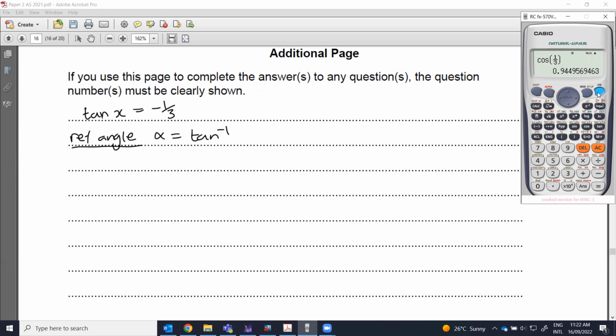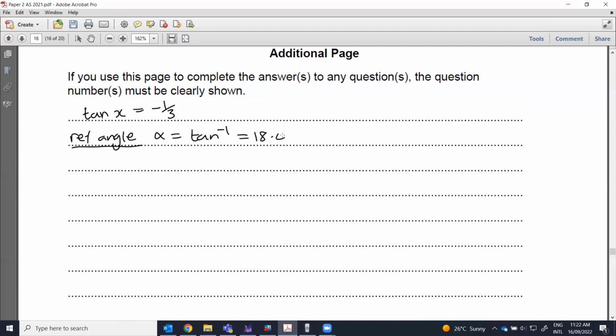Then we say tan inverse of 1 over 3. Notice I am ignoring the negative, and this gives me 18.4 degrees.